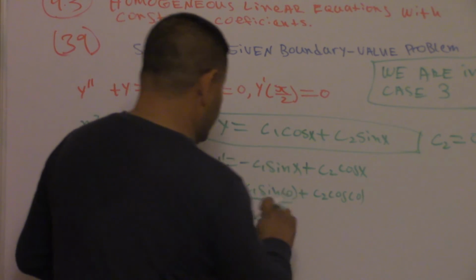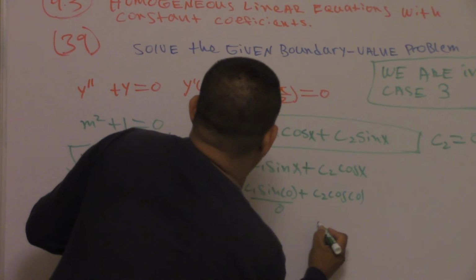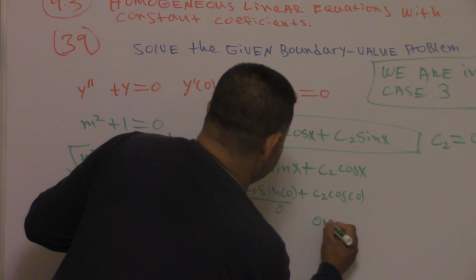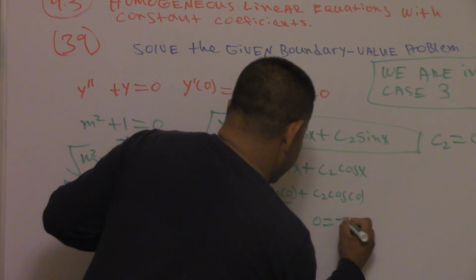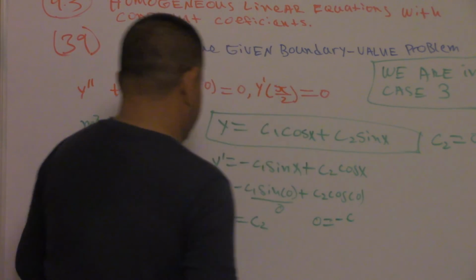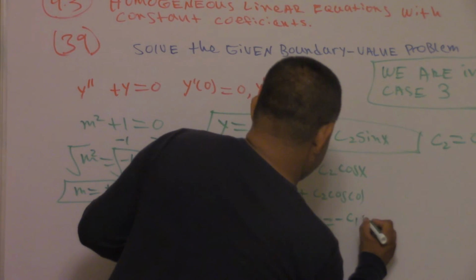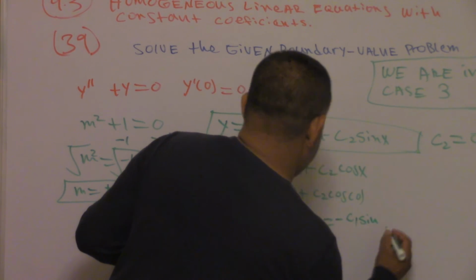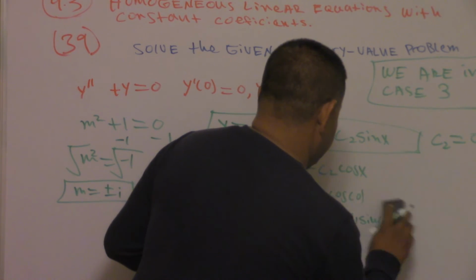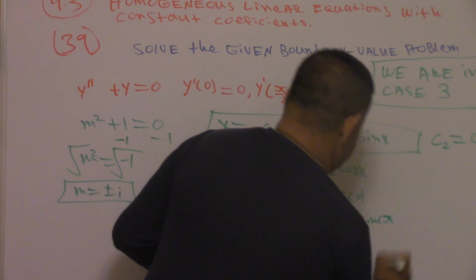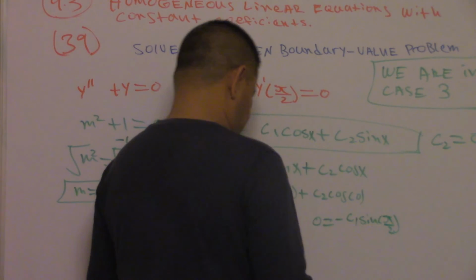Now, let me plug in pi over 2, okay? So it's going to be 0 is equal to negative c1 sine of pi over 2, okay?